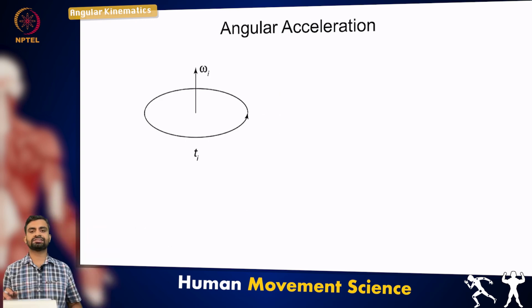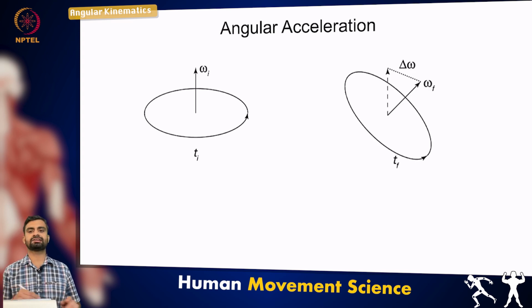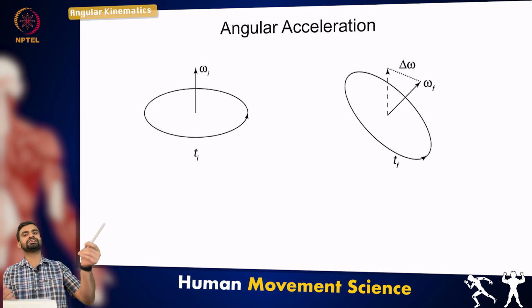Similarly, angular acceleration is when the implement or the object in motion about an axis changes its direction. For example, if you see the whole movement for a shot put, the athlete will start when the shot put is on the ground or below the height of his hand, then start rotating, and then eventually it changes its direction.